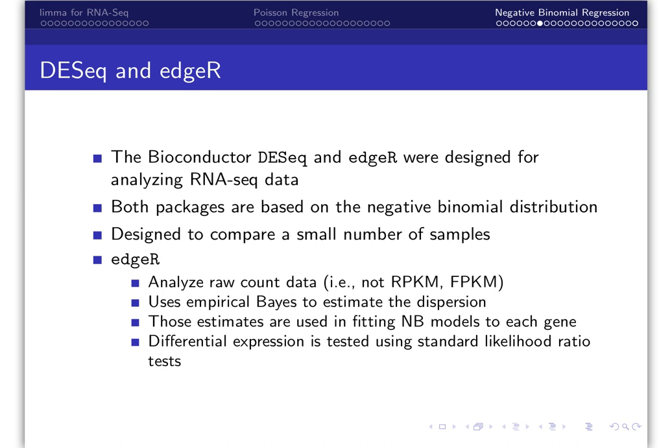DESeq and edgeR are Bioconductor packages designed for analyzing RNA sequencing data. Both are based on the negative binomial distribution and were initially designed to compare a small number of samples.